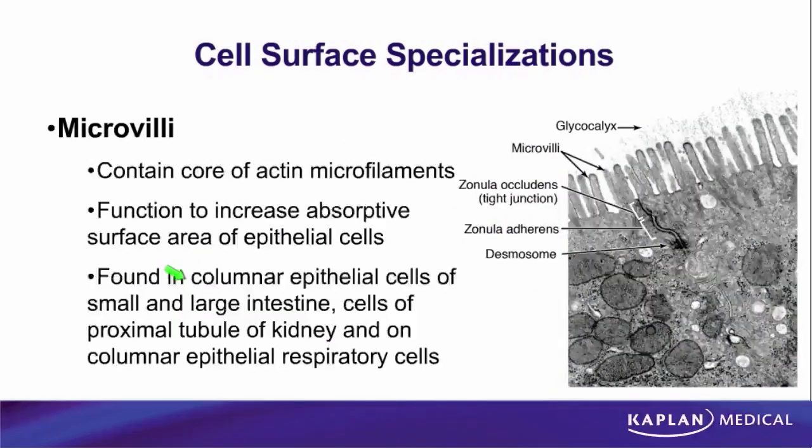All right, now let's turn our attention to surface specializations. In other words, the epithelial cell, we said, is lining a surface, and that luminal surface of the epithelial cell may have specializations on it to facilitate the function of that epithelial cell. One kind of surface specialization might be microvilli.